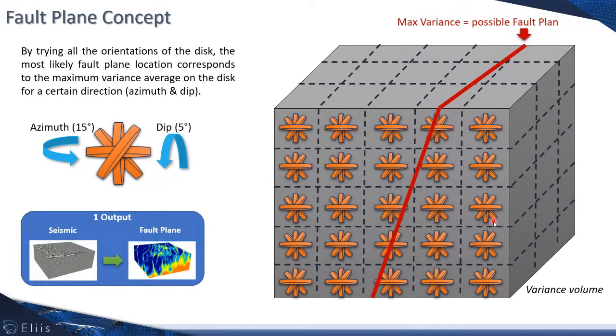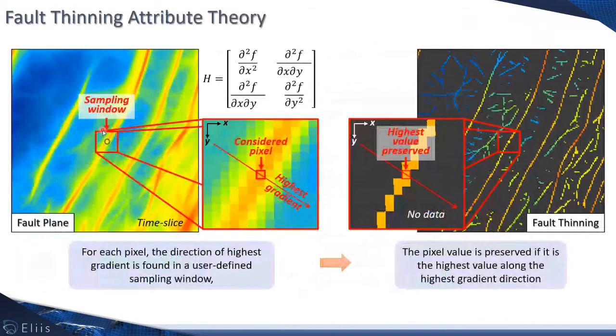Once PaleoScan has done this, it generates the fault plane. So from the seismic, we get one single output, which is the fault plane. This is the fault plane here in time slice. You can see that the fault here is several pixels wide.